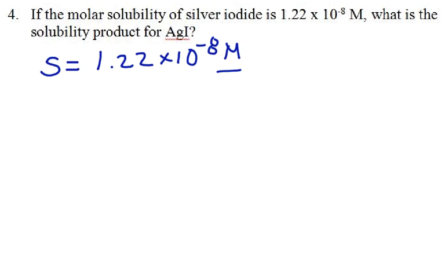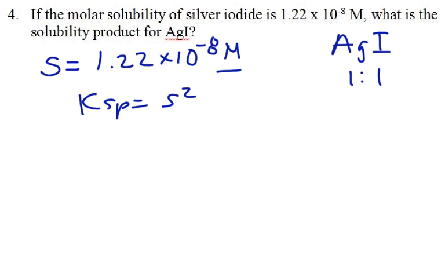Now for AgI, we know that that is a 1-to-1 compound. There's one Ag and there's one I, and we figured out before that Ksp is equal to solubility squared. So now this is just a simple algebraic problem. If the solubility is 1.22 times 10 to the minus 8, we want to find what is the Ksp.